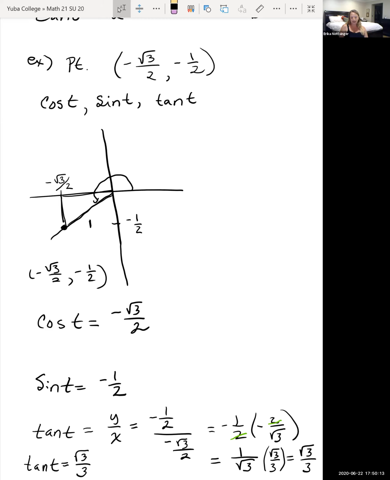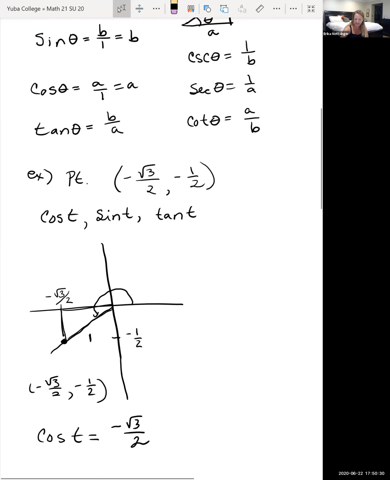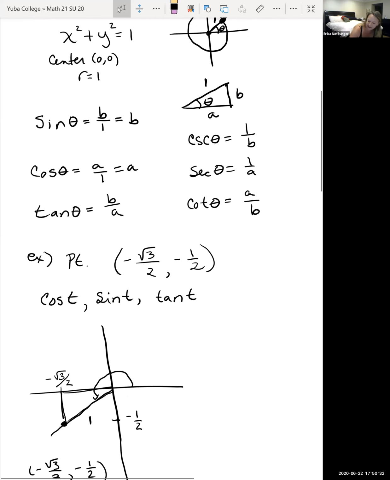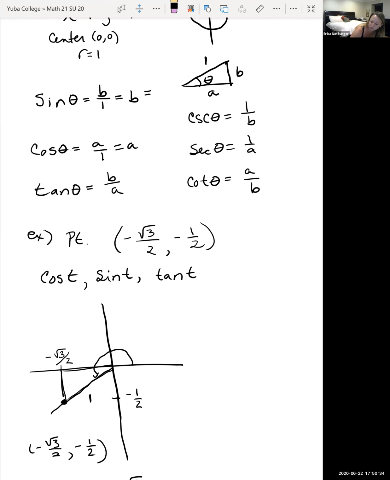So if it gives you the point, then we would do it this way, and you would graph the point. We'll see that there are multiple ways to do this. But right now we can use the fact that sine of theta is just equal to y, the y value of your point. Cosine is equal to the x value of the point.